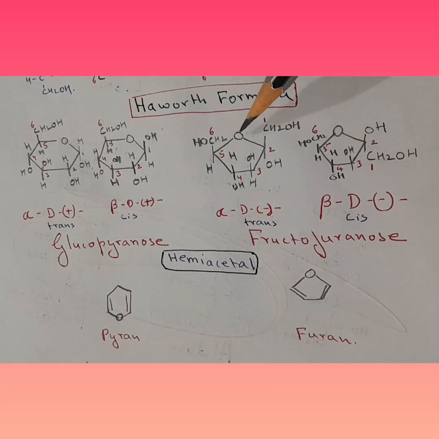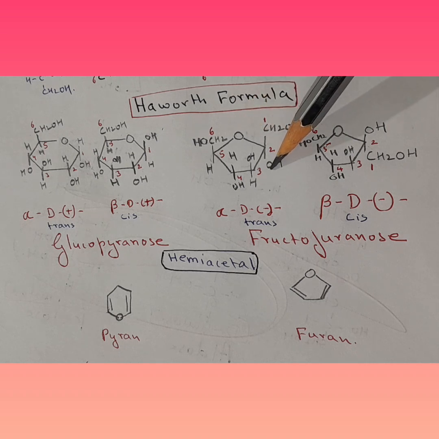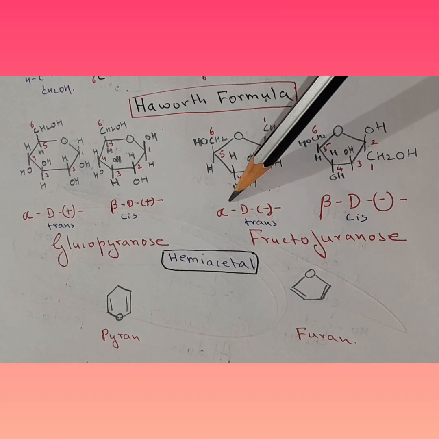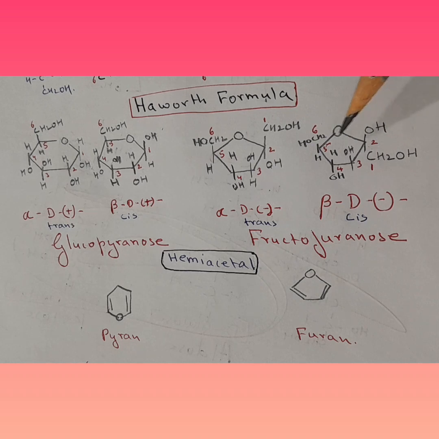Let's check it out over here. In this case we find that this O is away from this OH, so obviously it is trans. Trans has A, so we call it alpha. In this case it is very close, so it is cis, and cis we call beta.